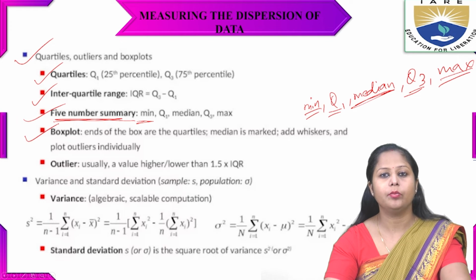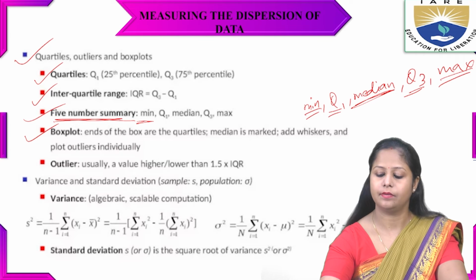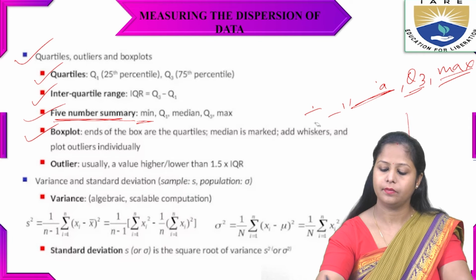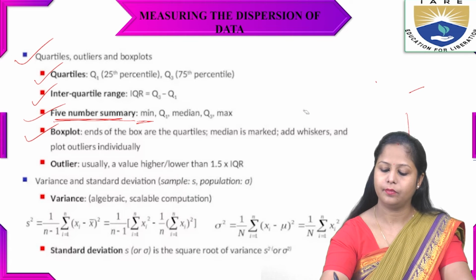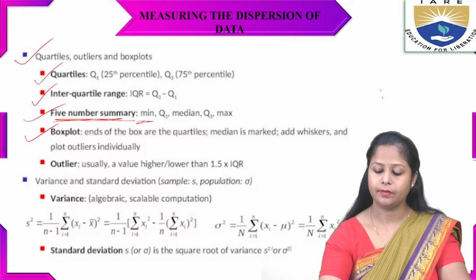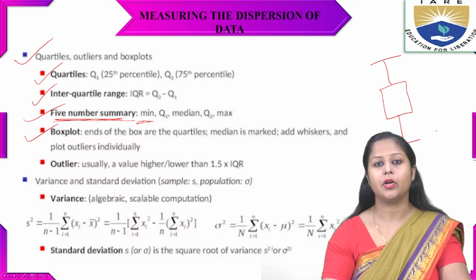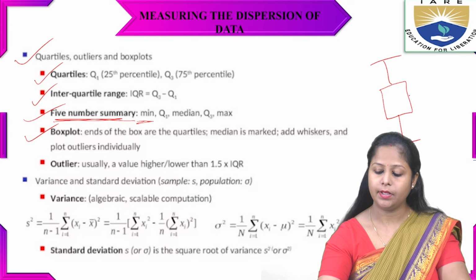Box plot: the ends of the box are the quartiles. The median is marked, and in that we need to add whiskers. For example, the box plot is like that for some type of data set.